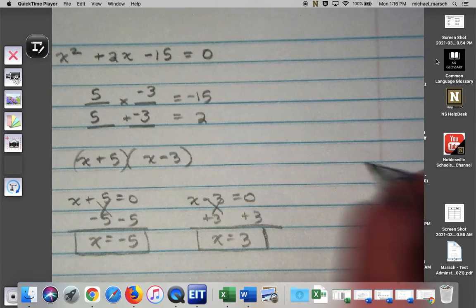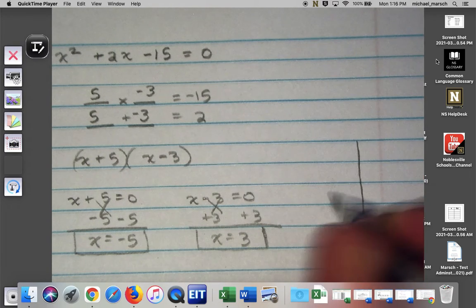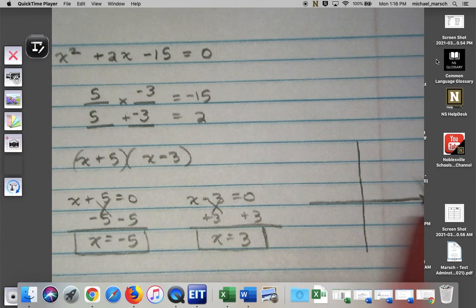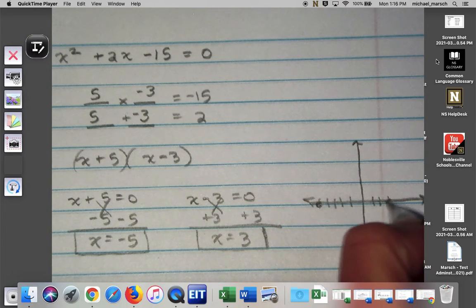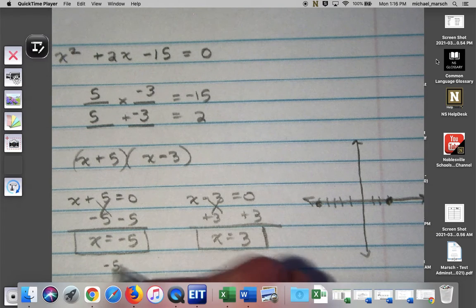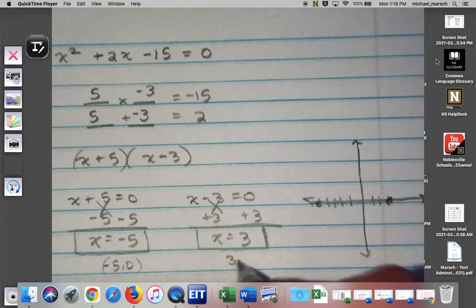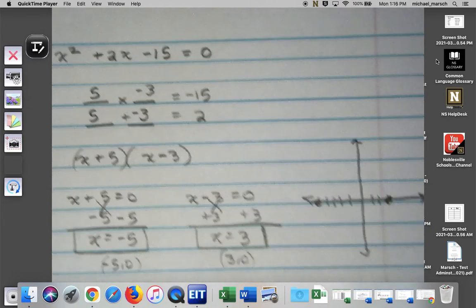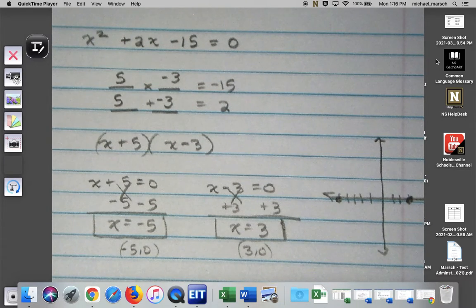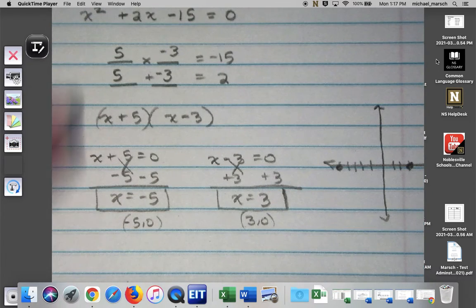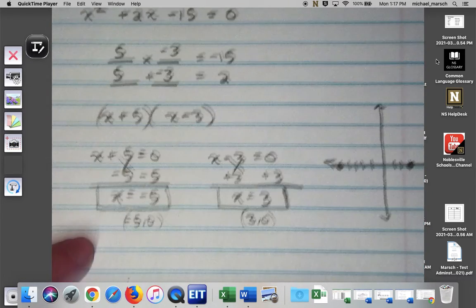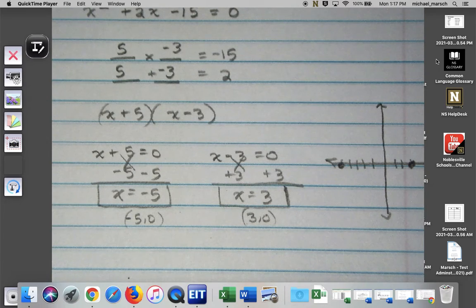We can, sure. Anybody see a pattern of what's happening between our quantity and our x-intercept? One is negative, one is not negative.